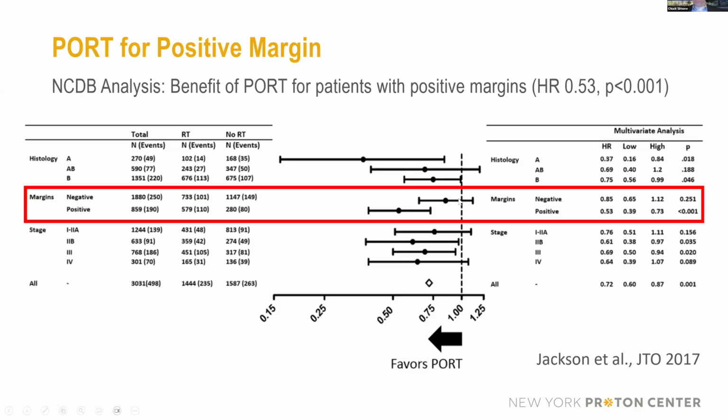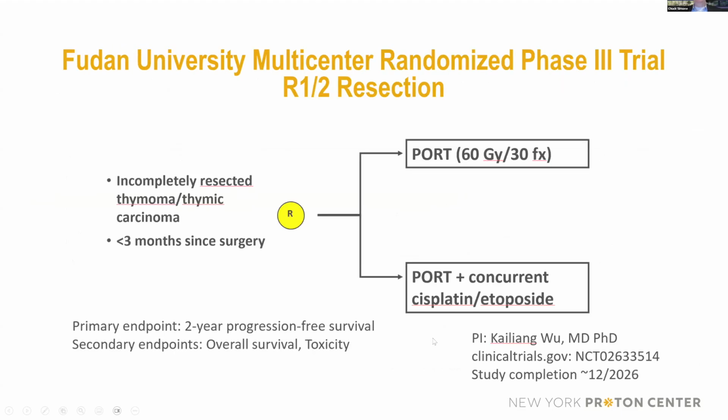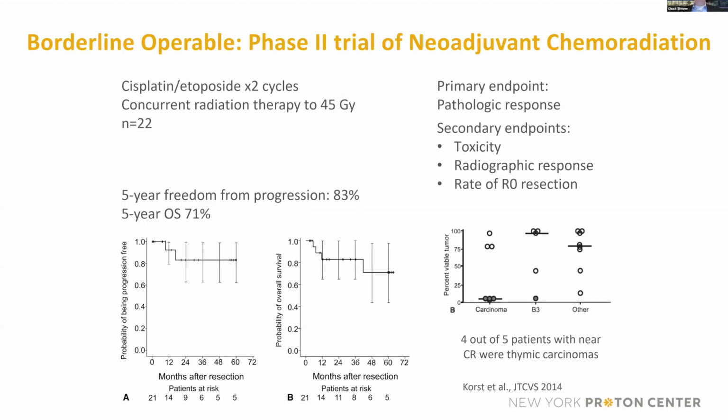But, the survival benefit was certainly much more muted if there were negative margins. There's a pretty dramatic survival benefit with positive margins. So this Fudan trial, second trial, is looking specifically at the incompletely resected patients getting PORT or no PORT here with concurrent chemotherapy. This trial has nearly completed accrual, so we'll have an answer to this sooner than later, and I do expect it will be a positive answer, hopefully.